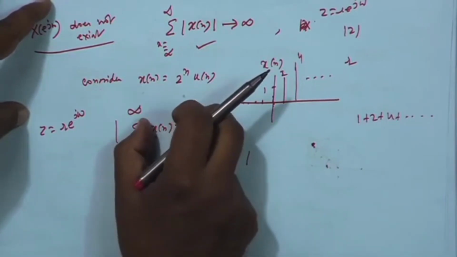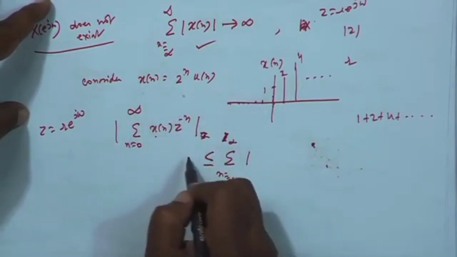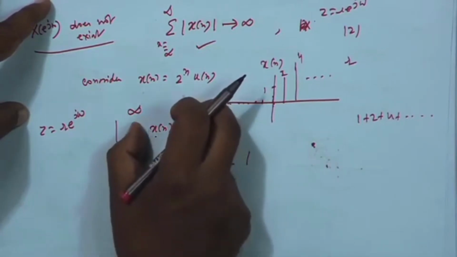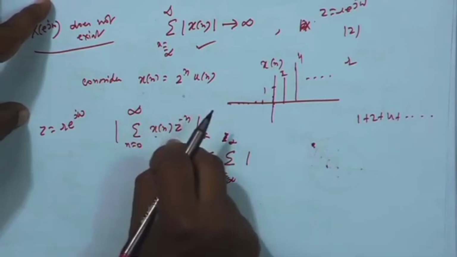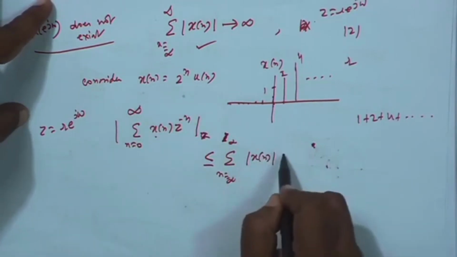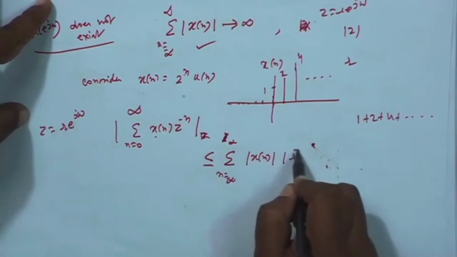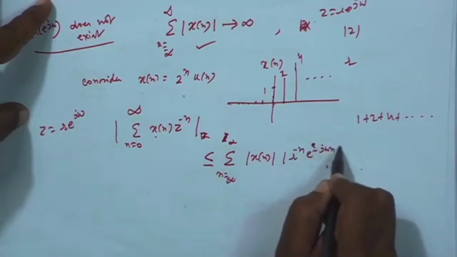And mod will come on this x n into z to the power minus n, but there is a product of two terms, and mod of a product is product of mods. So, this into mod of z to the power minus n, z is r e to the power j omega. So, r to the power minus n e to the power minus j omega n.